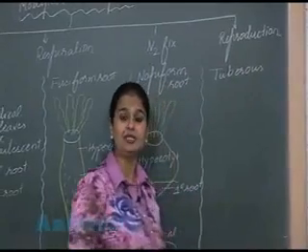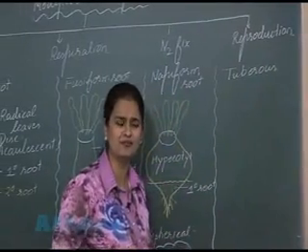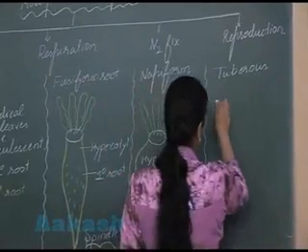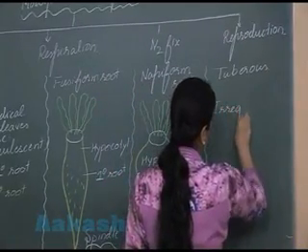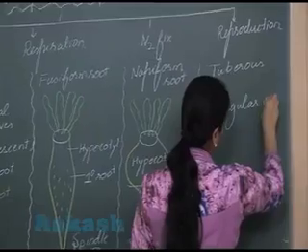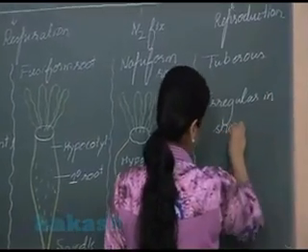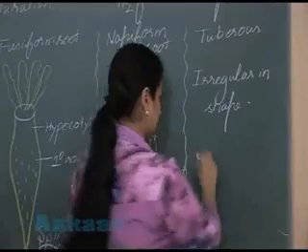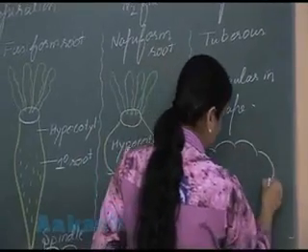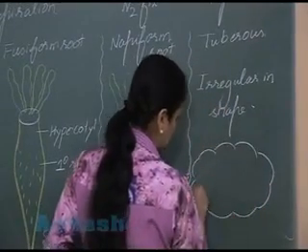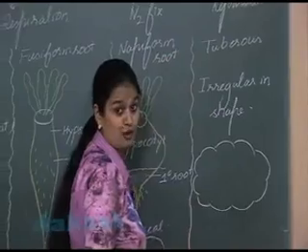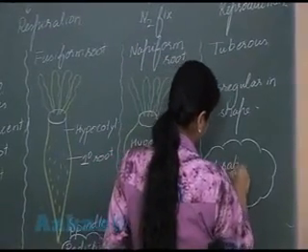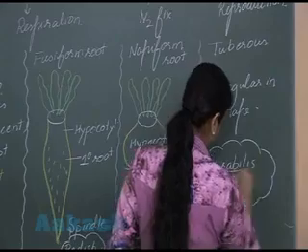Now in the tuberous root, no definite shape is there, or you can say they are irregular in shape. One example for this is the four o'clock plant, that is Mirabilis jalapa.